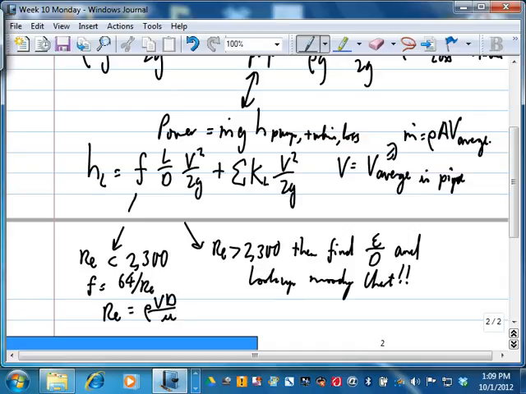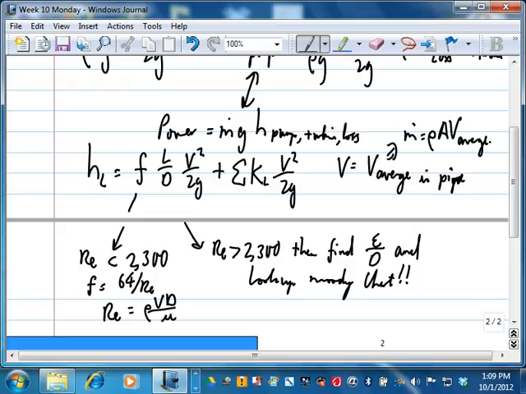So, in any pipe flow problem, normally the first step is to calculate the Reynolds number, then decide whether it is laminar or turbulent. If laminar, you can look up F like this. If turbulent, you have to look up the Moody chart, which has a logarithmic scale at the bottom. You need to find the relative roughness e over D and then look at the appropriate line.